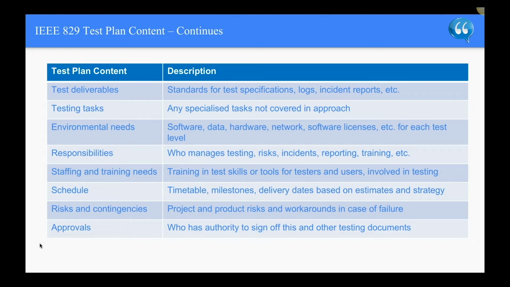This is going to be worked on with PMs, your project managers. Then risks and contingencies: project and product risks and workarounds in case of failures, and I'm sure this will happen. And approvals: who has the authority to sign off these and other testing documents. This is quite important as well, to sign off the testing in each phase as you move along.